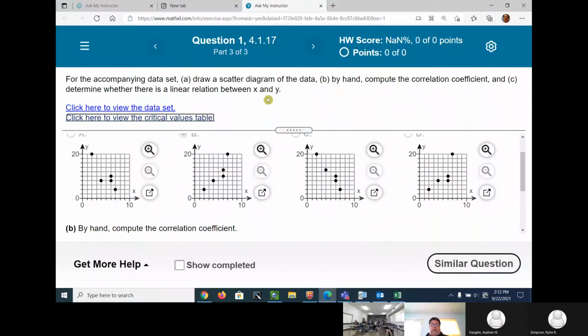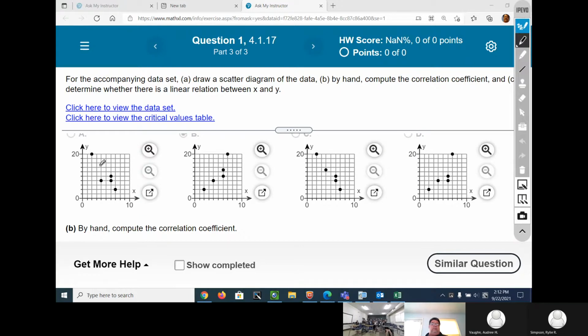And which one did it look like? Let's see. It kind of looks like that one. That's not this one. Why is it? Let's see which one it's not. Somebody tell me which of the 4 graphs, there's 2 of them that it can't be. Which one is that? A and C. It can't be A because that's a what?